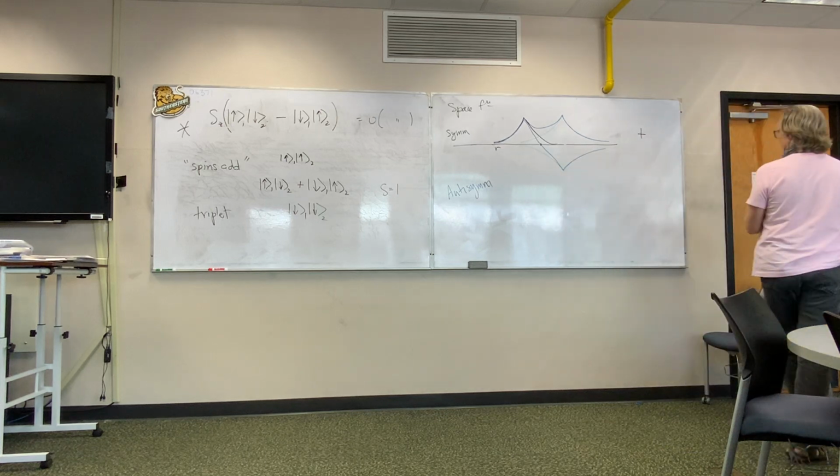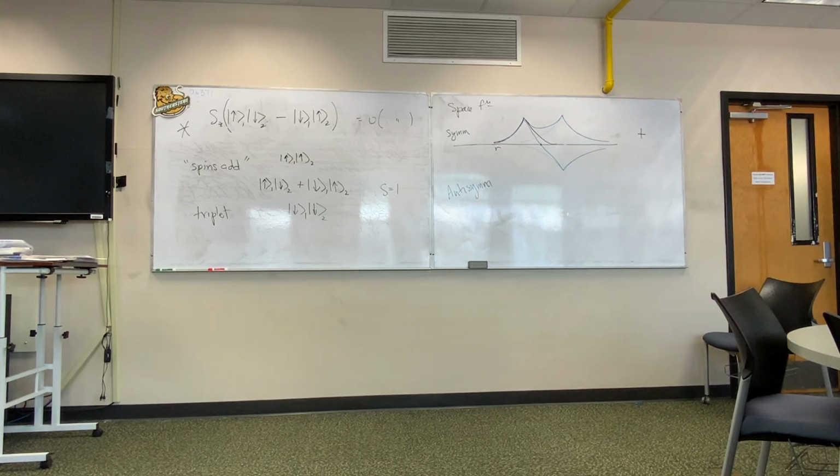I'll write this symmetric one over again. So I'll have black electron and green electron.